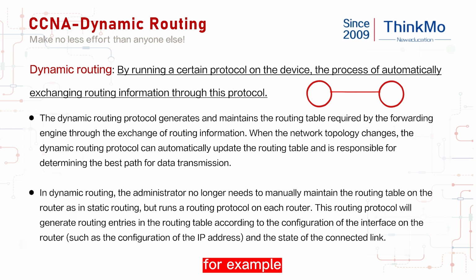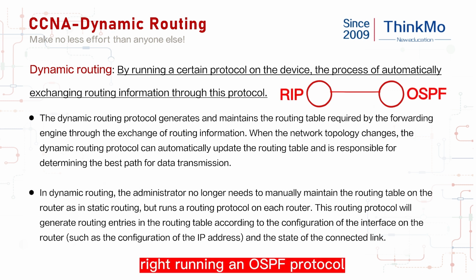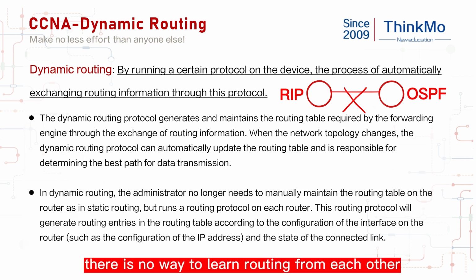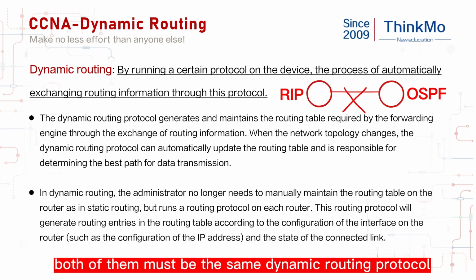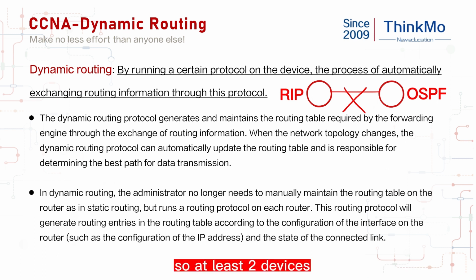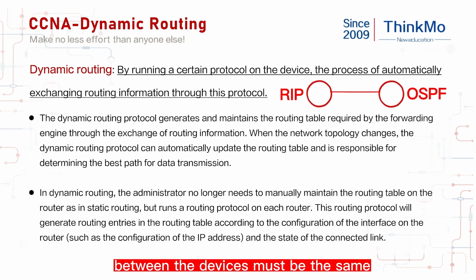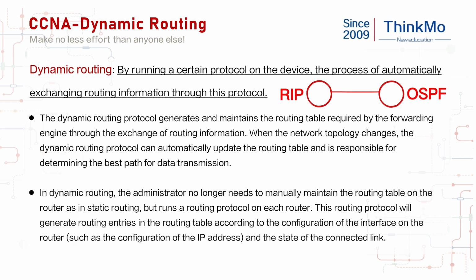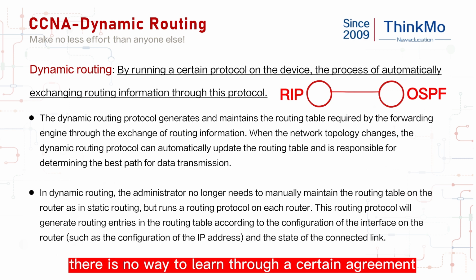For example, if the left runs a RIP protocol and the right runs an OSPF protocol, there is no way to establish a relationship between them and no way to learn routes from each other. Both must run the same dynamic routing protocol. So at least 2 devices, and the protocol running between them must be the same; otherwise there is no way to learn.